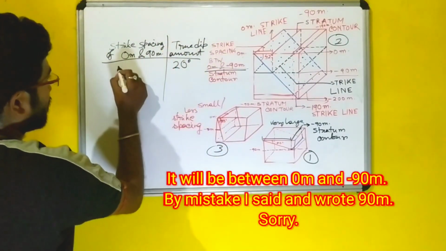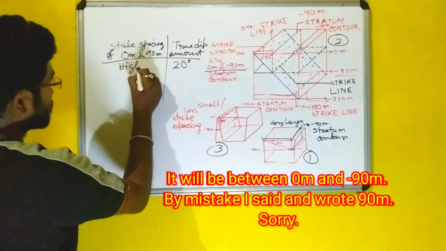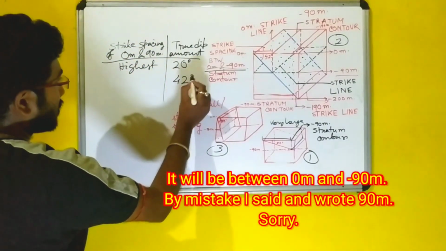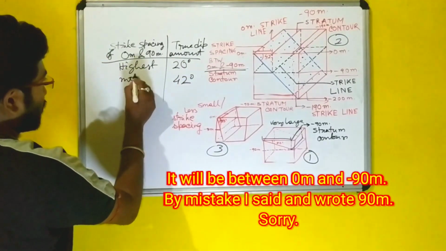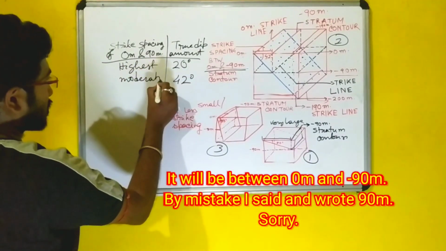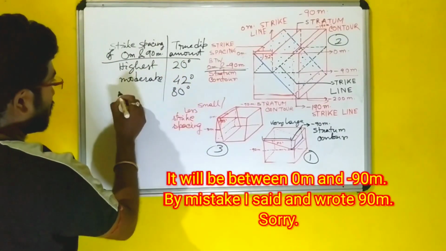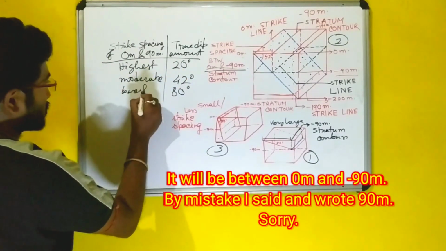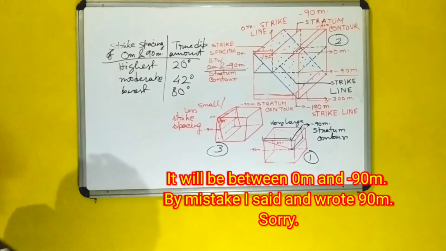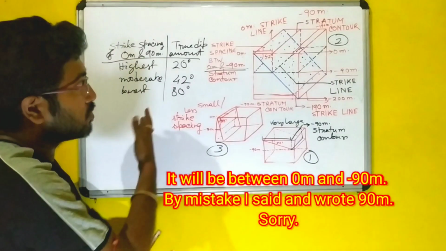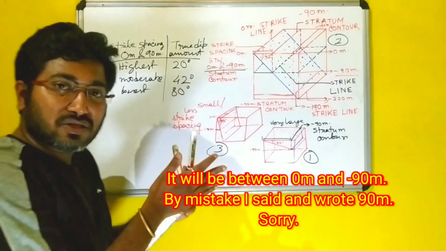So where it is 20 degree, this is highest, where it is 42 degree, this is moderate, where it is 80 degree, this is lowest. So this strike spacing actually varies, and it shows how close are stratum contour.